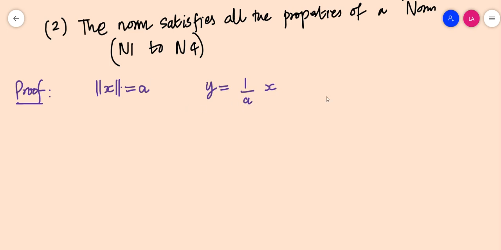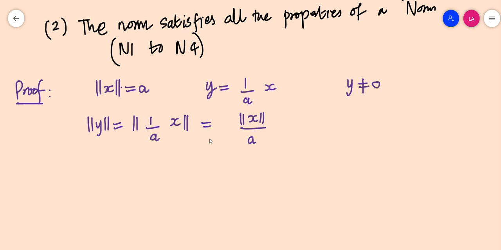Since x is not equal to 0, y is not equal to 0, and norm y is equal to norm of 1 by a times x, which can be written as norm x by a, taking the 1 by a outside using the properties of norm.